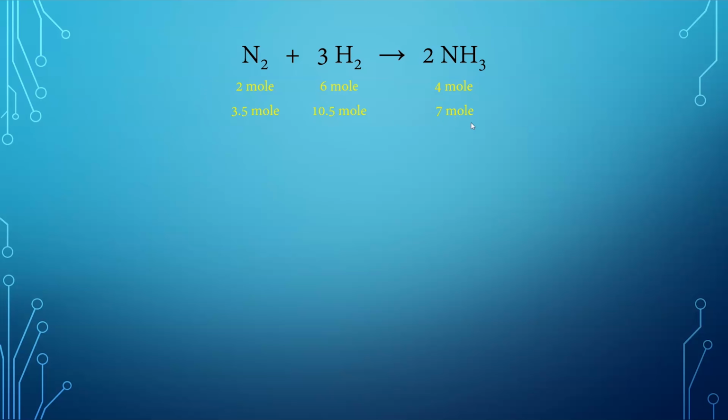Now, you can write conversions between the various substances in a chemical reaction to represent that stoichiometry. For example, we can write the conversion 3 moles of H2 to 1 mole of N2. That is a conversion that relates those two substances. We can write a conversion between the ammonia and the nitrogen, and a third one between the hydrogen and the ammonia.